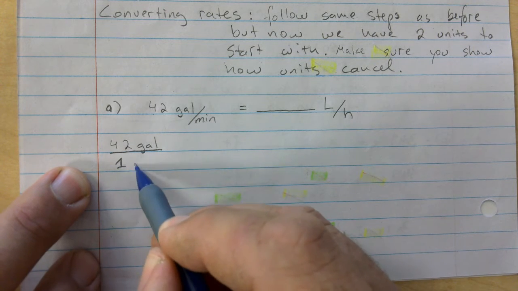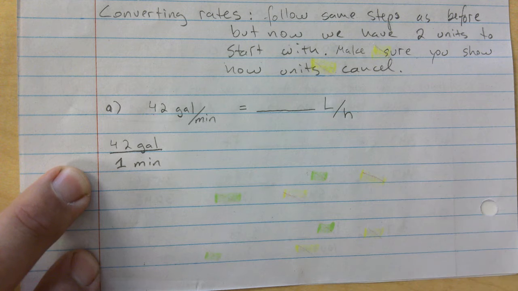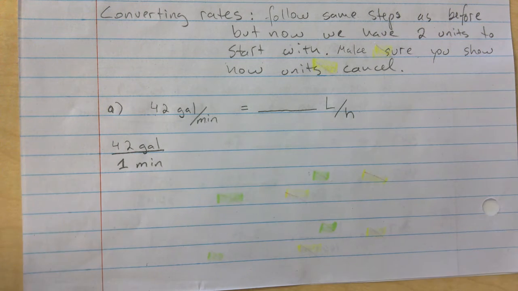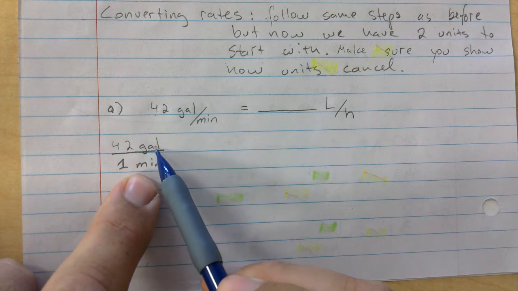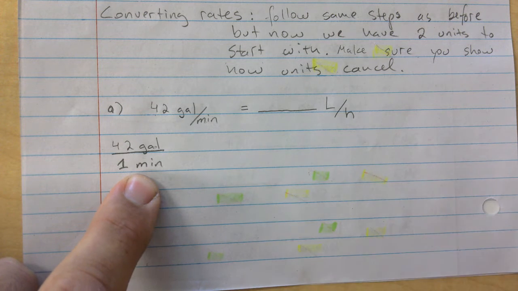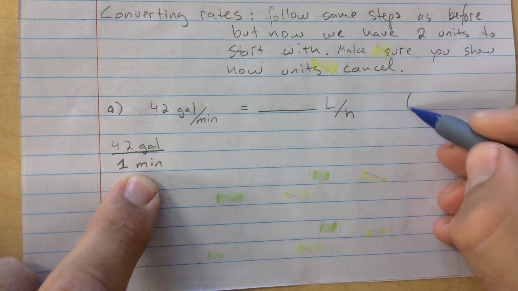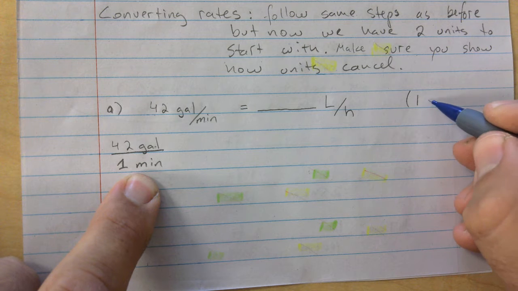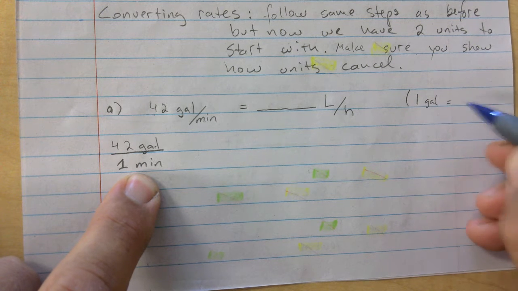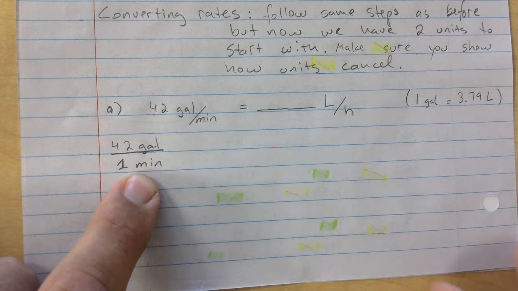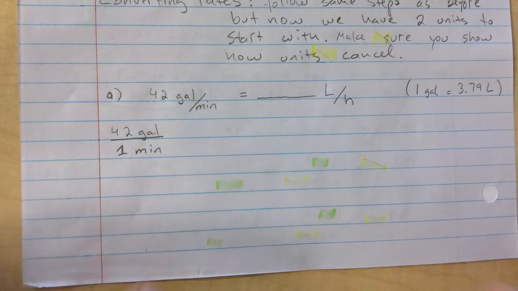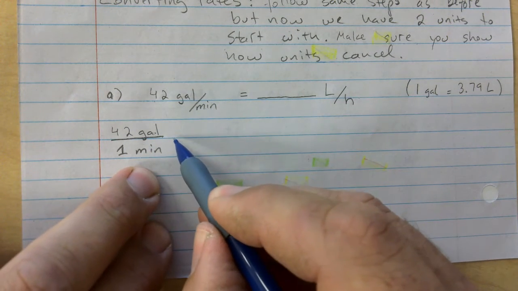So you can actually write down 1 minute if you'd like, or just minute like that. And I would start with the top. We need to go from gallons to liters. Did I give you that conversion? If not, here it is. 1 gallon has 3.79 liters, right? That's probably one that you need to have on your study sheet.